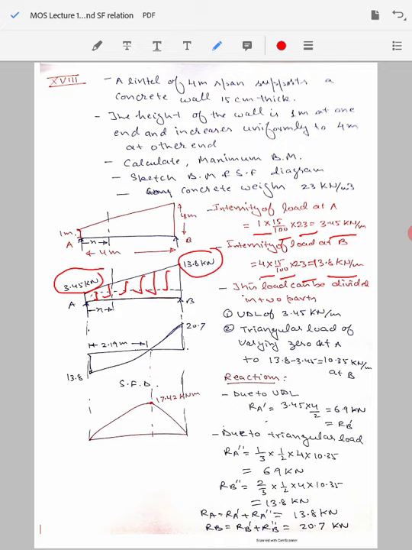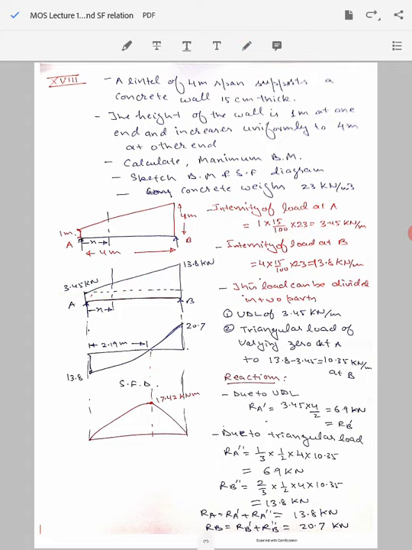to edge B. Now this load can be divided into two parts. You can consider this load as a uniformly distributed load of 3.45 kilonewton. As you can see from this diagram, this is a uniformly distributed load of 3.45 kilonewton, and then there is a triangular load which is varying from 0 at one edge to 13.8 minus 3.45, that is 10.35 kilonewton at the other edge.